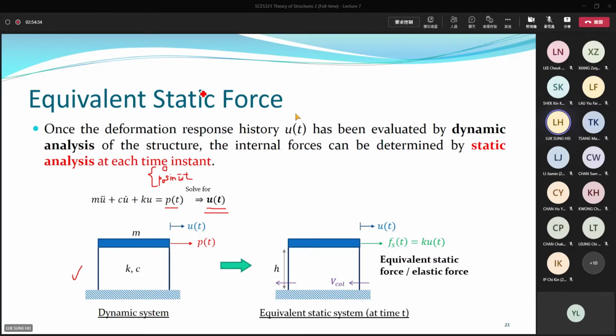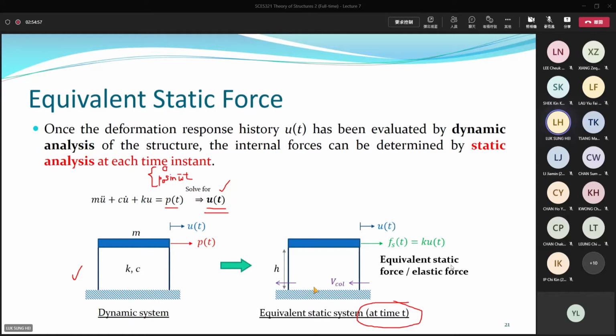From the displacement function, you can evaluate the displacement at any time t, for example the first second, or 1 hour later, depending on the time you want to consider.